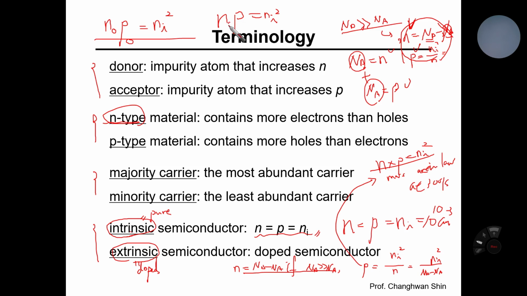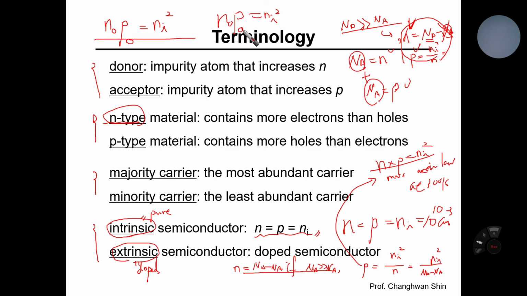So this subscript naught doesn't mean anything for a while. But when we have a chance to learn the PN junction diode and others, the MS diode, the Schottky diode, equilibrium versus non-equilibrium is quite important. So at that point, we're going to write down the mass action law as n naught times p naught equal to ni squared.